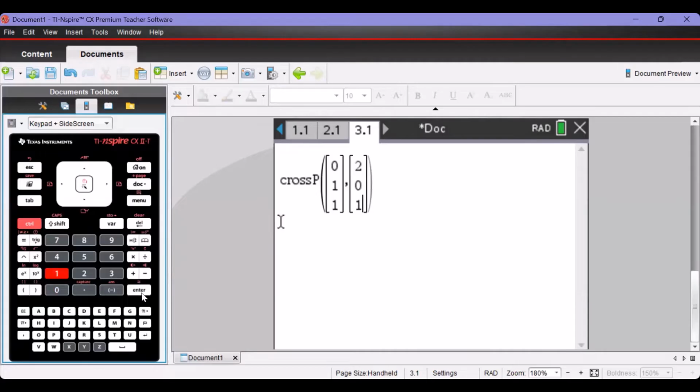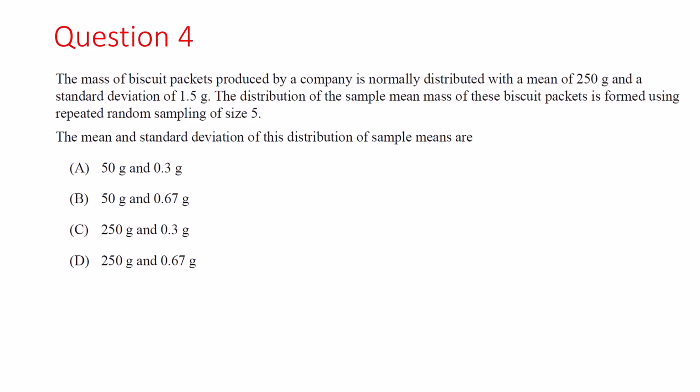Press enter. The output is that column vector, which we can say is equal to i plus 2j minus 2k, and that corresponds to option C. So the answer is C.